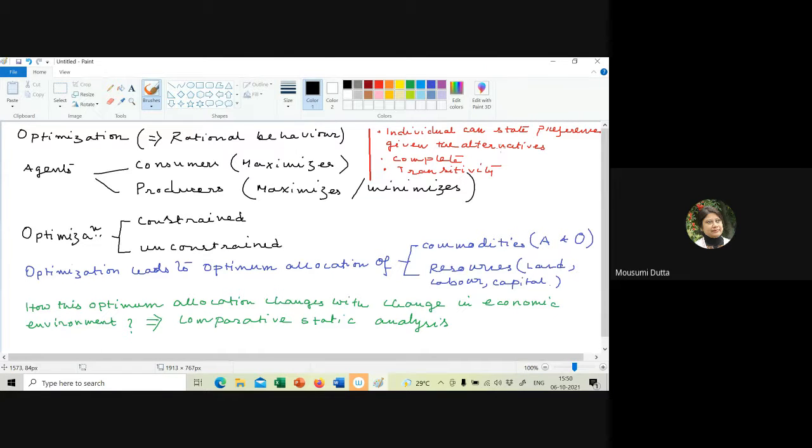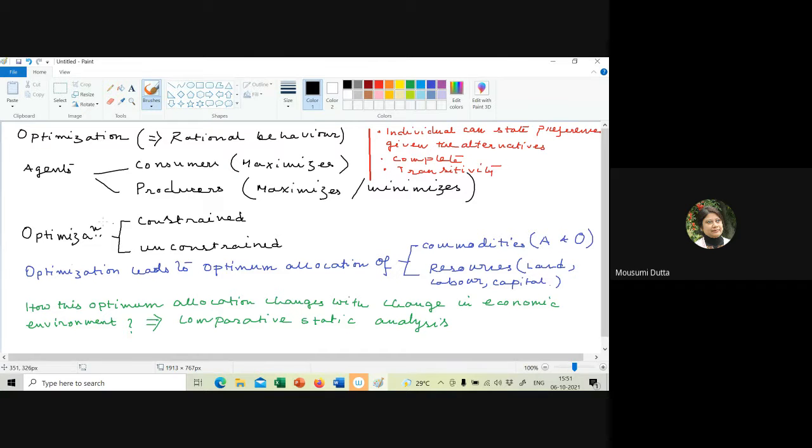So subject to that, I am trying to pick and choose something which maximizes my utility. And in that sense, I am a rational agent. I will optimize, keeping in mind that I have some constraints. Producers will maximize or minimize, keeping in their minds that they have some constraint.